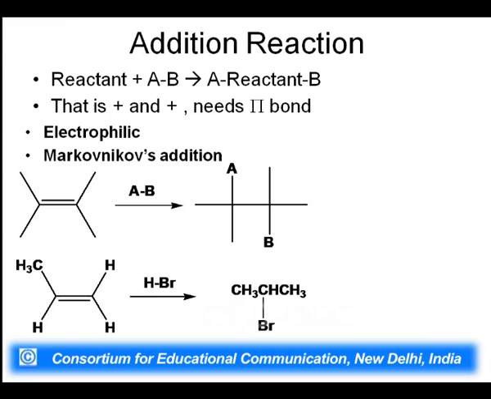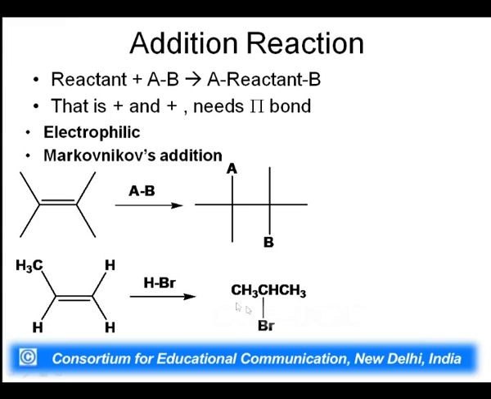When HBr is added to an alkene, say propene, which I have taken here, you would recall from the school-level alkyl halide and alkene chapter that first H plus is added to the alkene, a carbocation is formed, and Br minus is added to the secondary carbocation. In this type of reaction, the carbon with more hydrogens gets the hydrogen, and the carbon with fewer hydrogens, this one having one hydrogen and a methyl, gets the bromine.